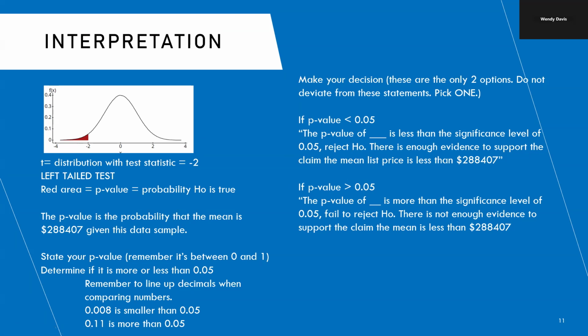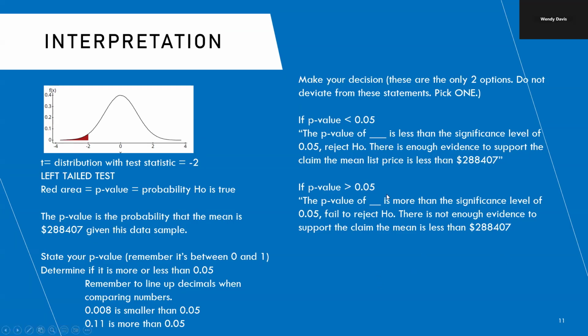The p-value of blank is less than the significance level of 0.05, reject H0. There is enough evidence to support the claim the mean list price is less than 288,407, and you can type in your region.